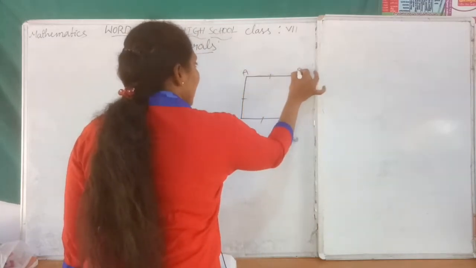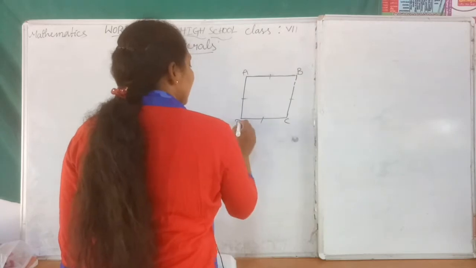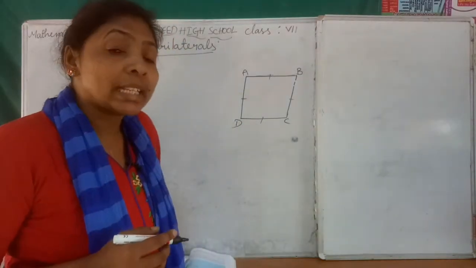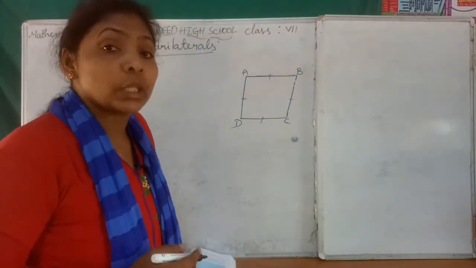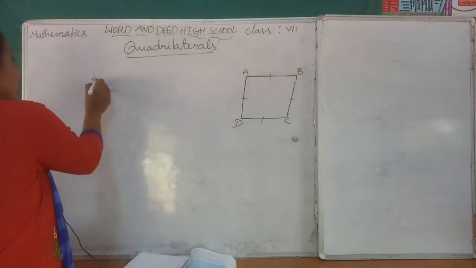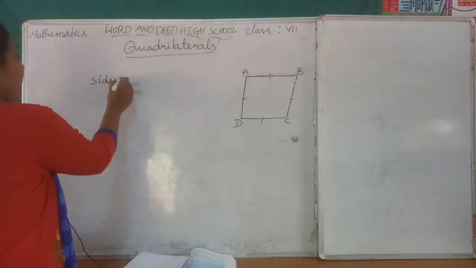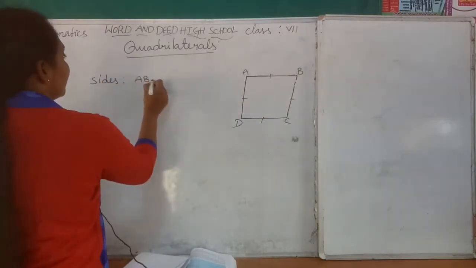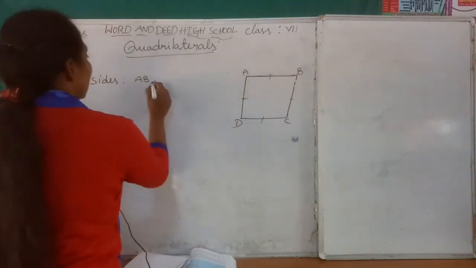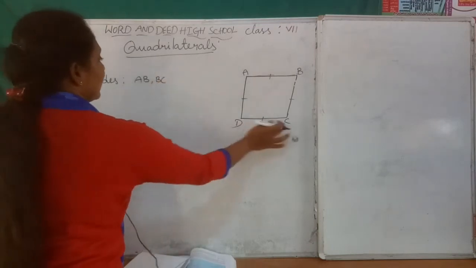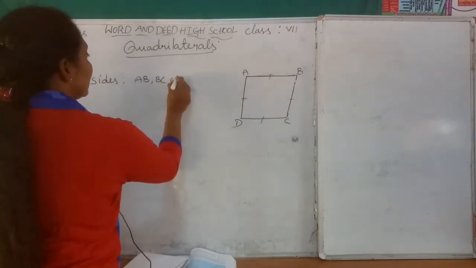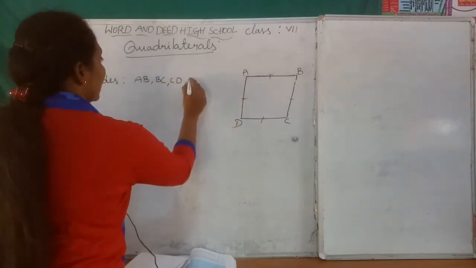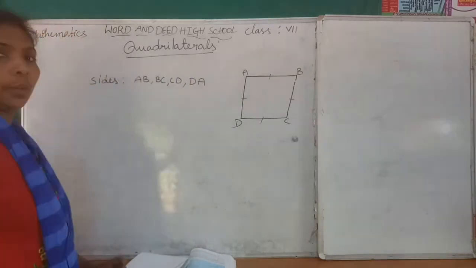A, B, C, D. Okay, how many sides we have? 4 sides. What are the sides we have here? AB, BC, next CD, next DA. So 4 sides we have.